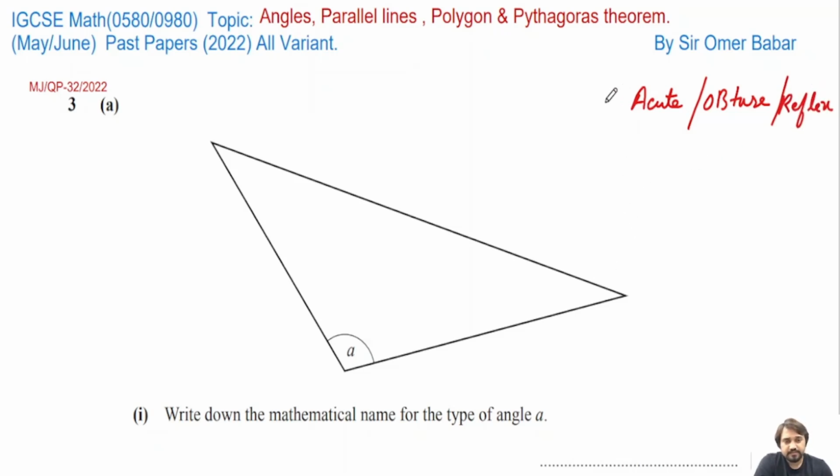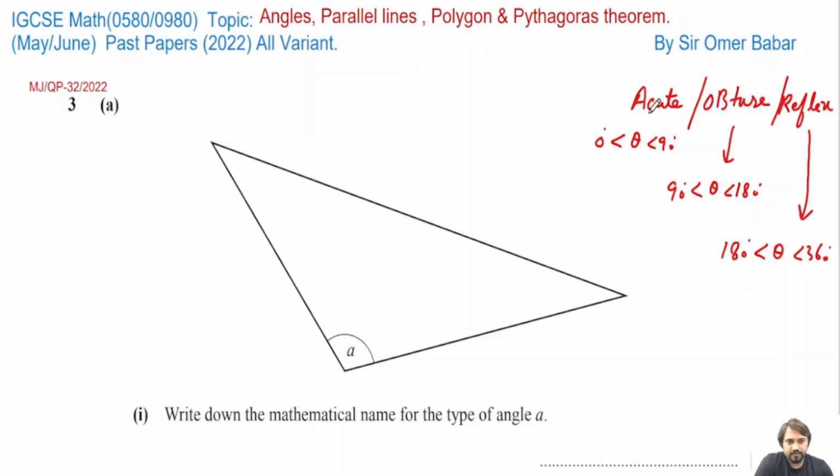Acute angle is angle greater than 0 degree and less than 90 degree. Obtuse angle, angles greater than 90 degree and less than 180 degree, known as obtuse angle. And the reflex one is angle theta, theta is a Greek letter, theta greater than 180 degree and less than 360 degree, that is called reflex angle.